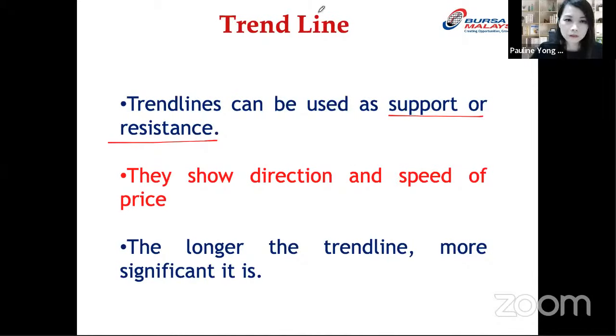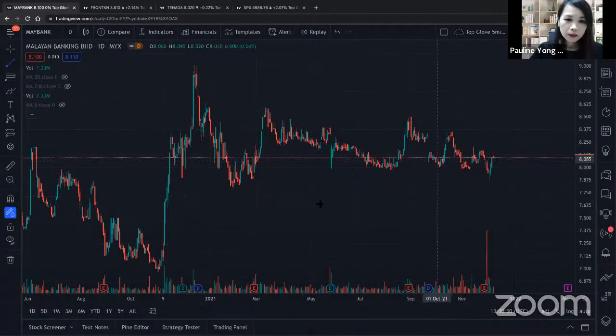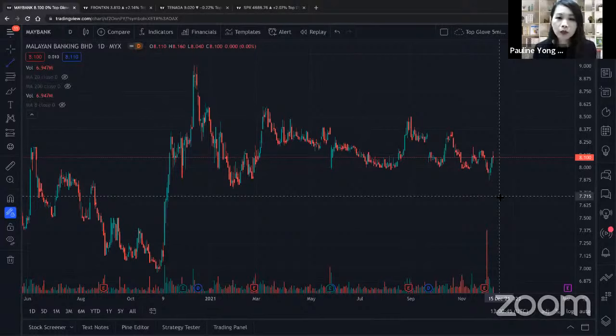So for example, look at this. If I clear out everything, it looks very random. You see, I have this top here, then the low here, the top here, and all this. So it is very messy. You don't know how to organize your chart.